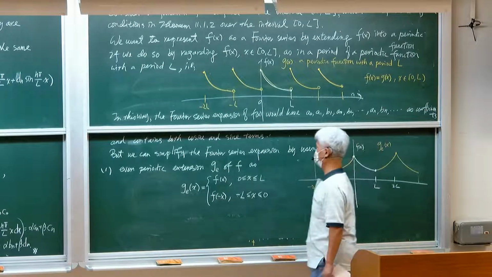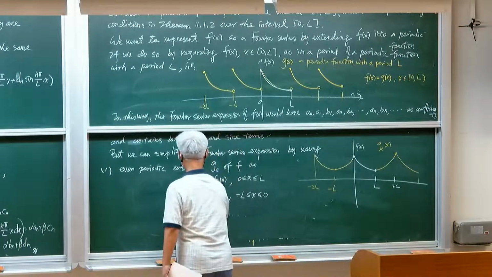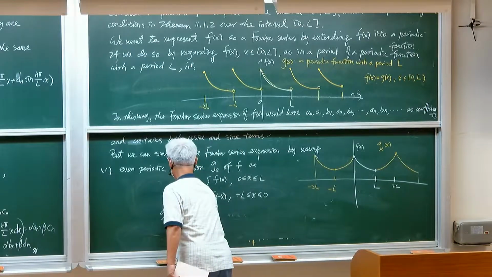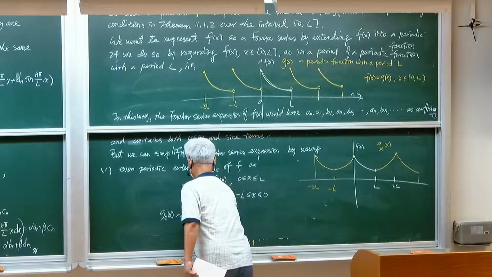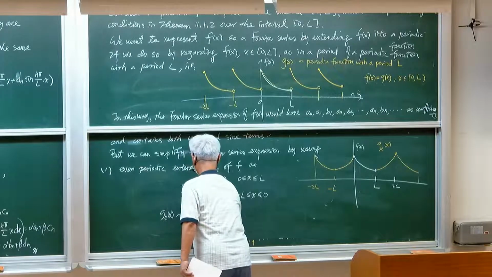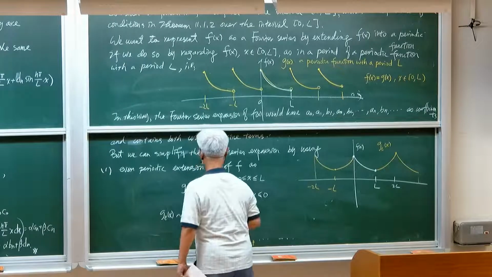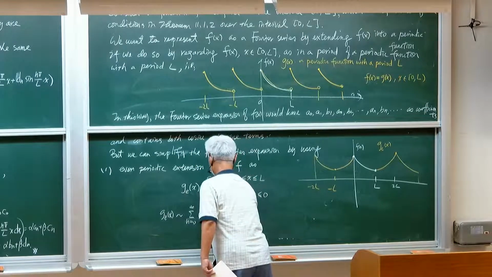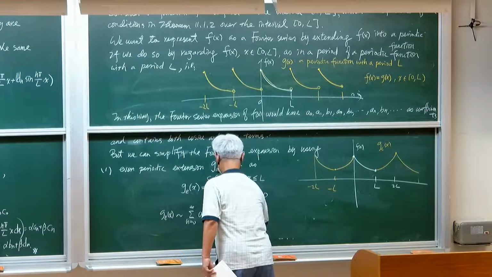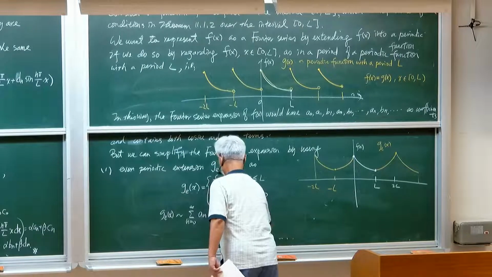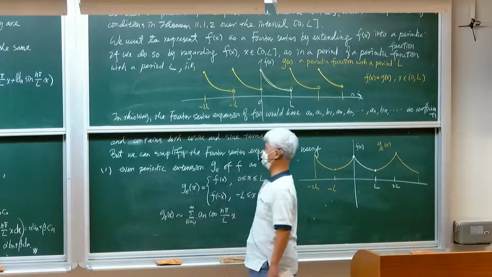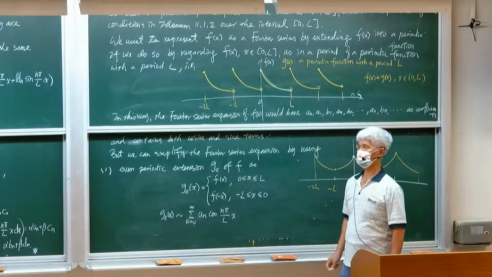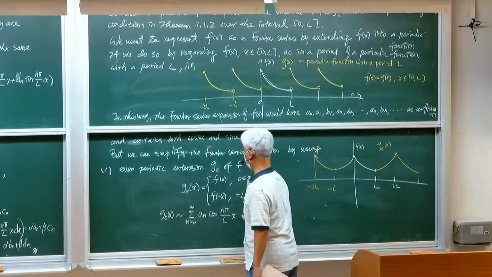All right, and so that g of x is the sum over n from 0 to infinity of a_n cosine n pi over L times x.